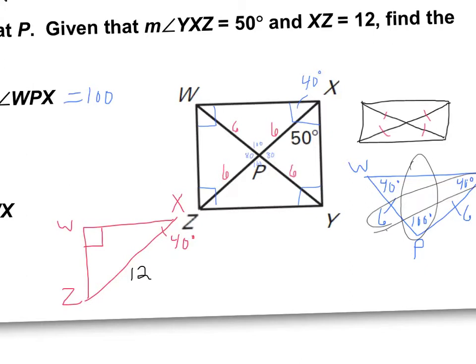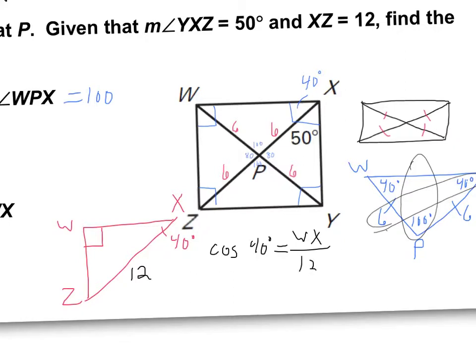And so you could use a sine or cosine or tangent to figure this out. Since I want to know this side right here, and I have the hypotenuse, and I have 40 degrees, I'll use cosine. I'll say cosine of 40 degrees equals WX, that's the adjacent, over the hypotenuse, 12.